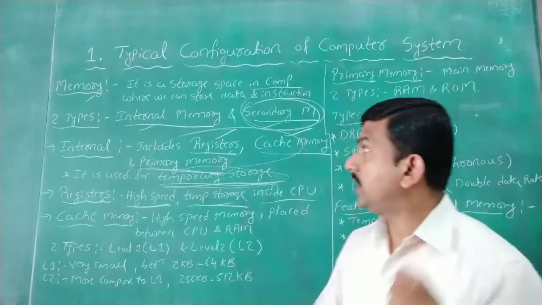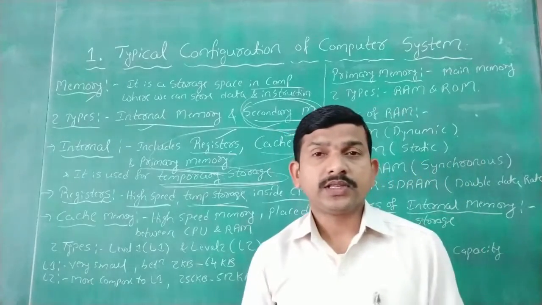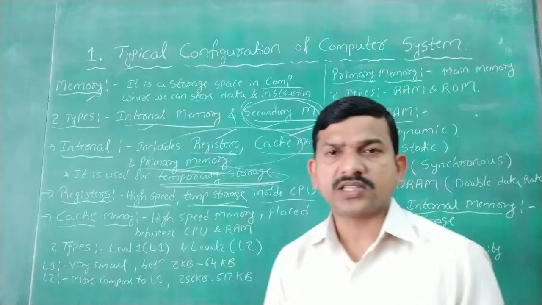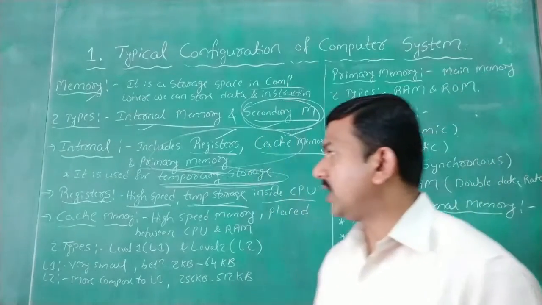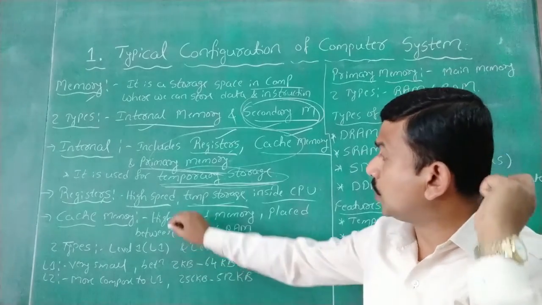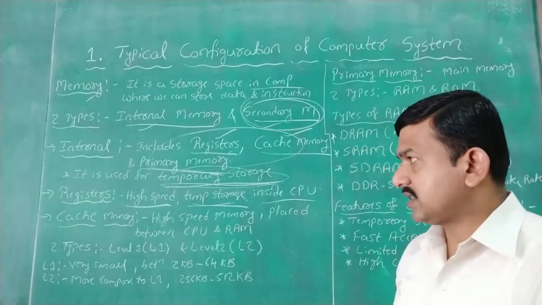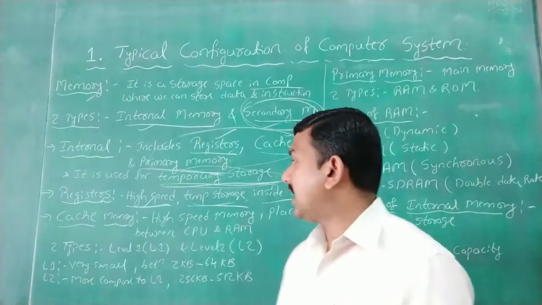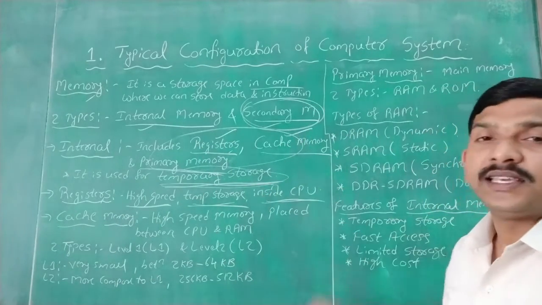For permanent storage we use secondary memory. While executing some instruction, we store data temporarily in the registers. In registers we can store some data as well as instructions, and these are very high speed memory inside the CPU.